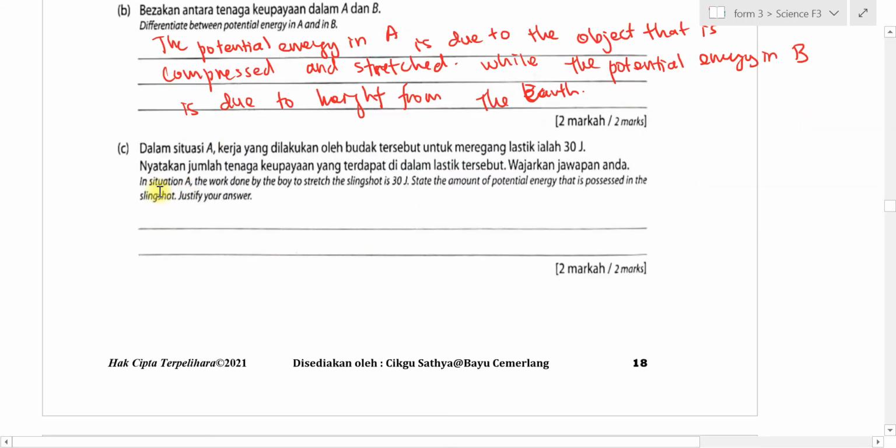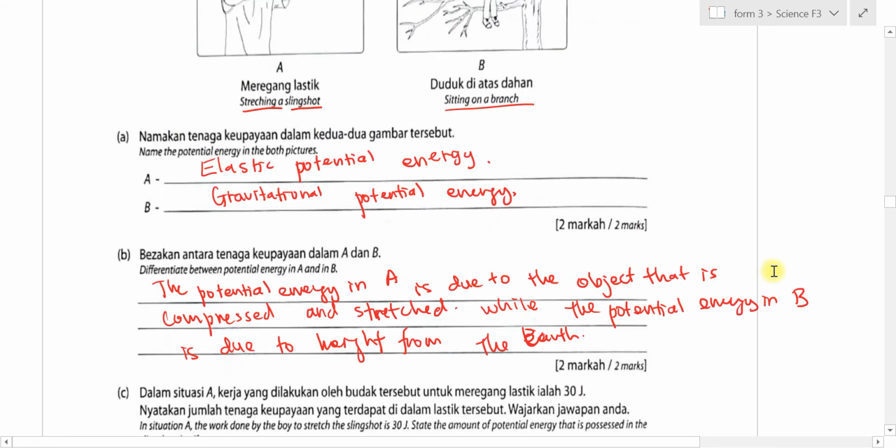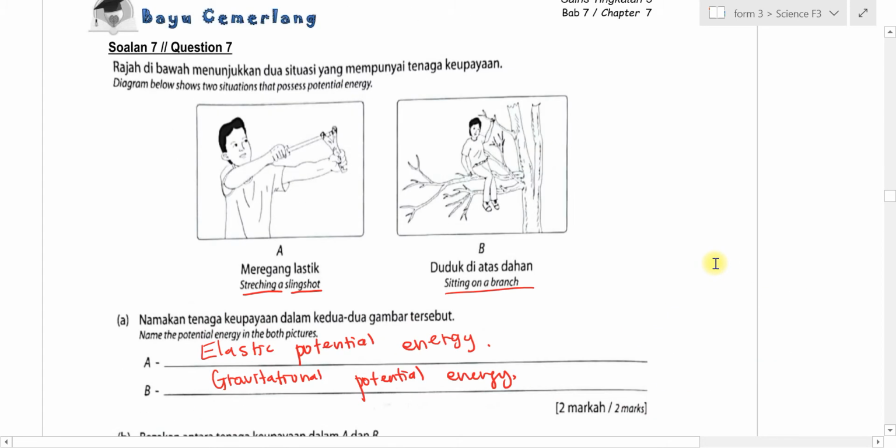Question C. In situation A, the work done by the boy to stretch the slingshot was 30 joule. Okay, you say the work done is 30 joule. Remember, your elastic potential energy is half Fx, x representing the extension or compression.